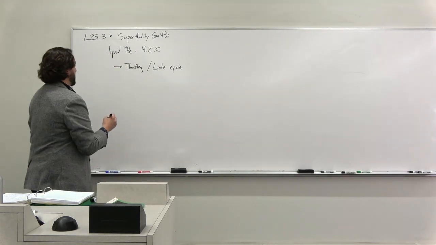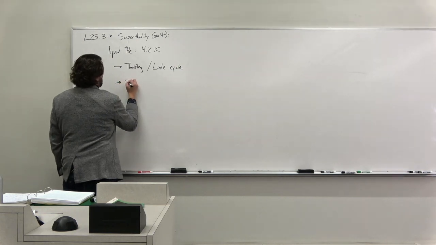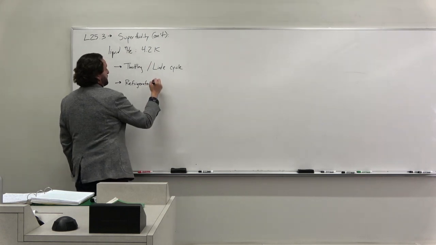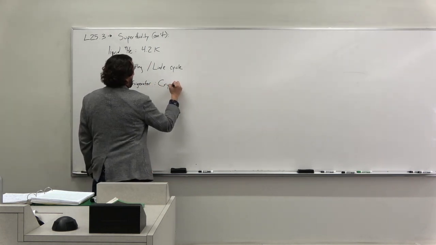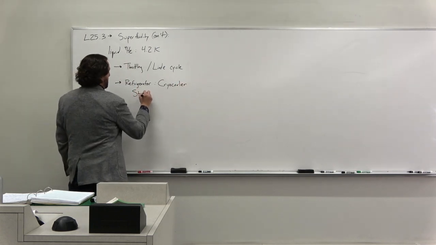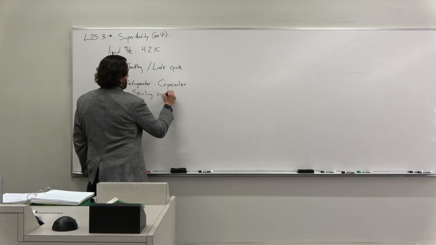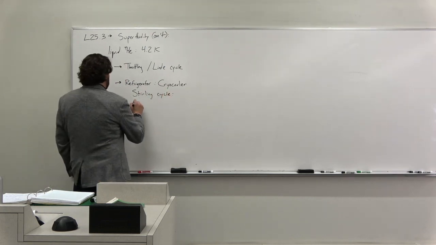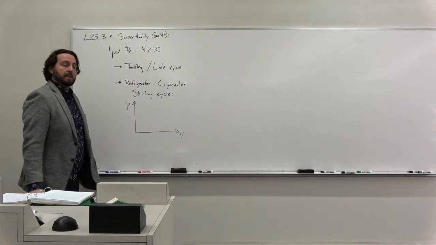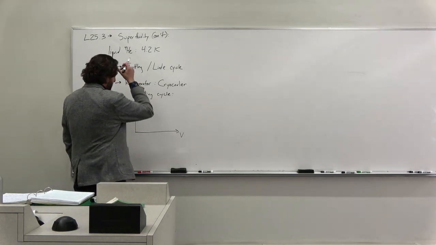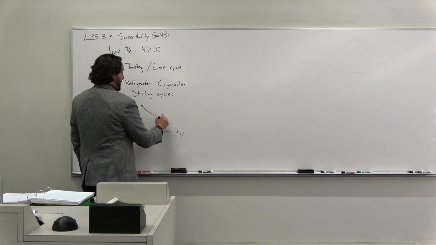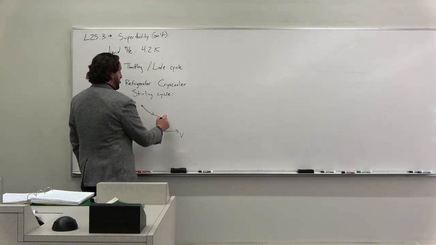So these days we actually use a kind of refrigerator called a cryocooler. And this actually uses the Stirling cycle. So the Stirling cycle is actually kind of like the Carnot cycle. You have isothermal expansion, which is a cooling cycle.